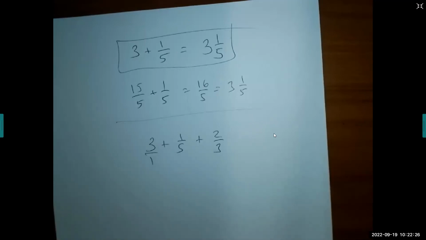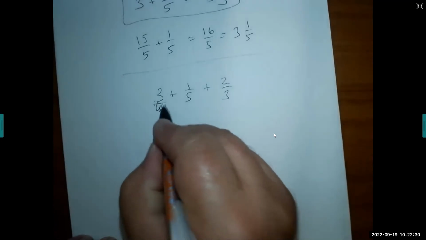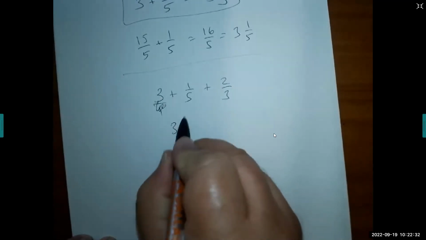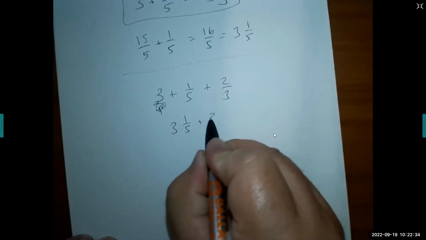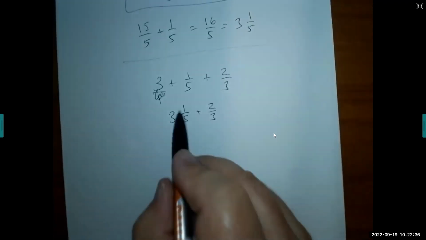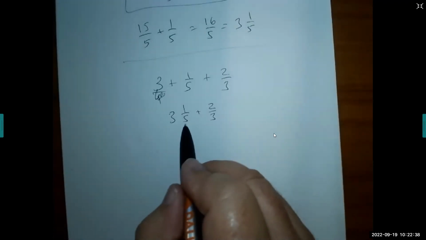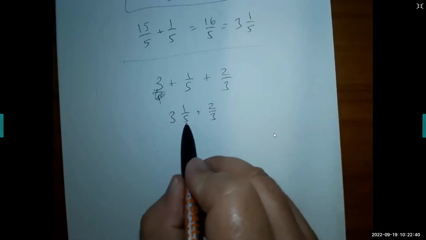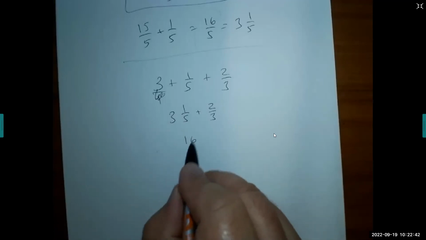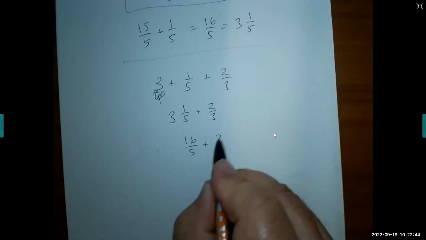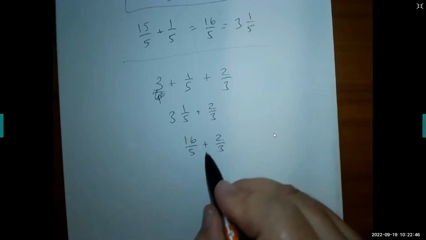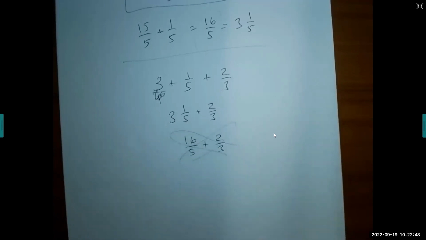You could leave it the same. This would be 3 1/5. But now you have to make this an improper fraction. 3 times 5 is 15, so it'd be 16/5 plus 2/3. And then you could do the butterfly from there.